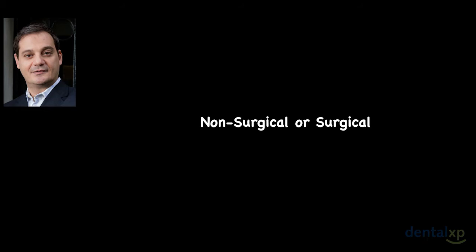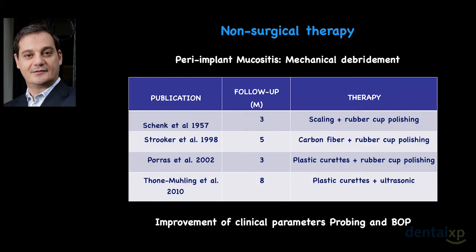If we look at the non-surgical versus the surgical, let's start with the non-surgical. What we mean by non-surgical, same as in periodontics, is if we curette the tissue or we use antibiotics, either systemic or local, and what are the results? Here in peri-implant mucositis, they've looked at mechanical debridement.